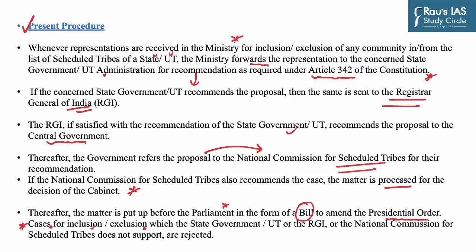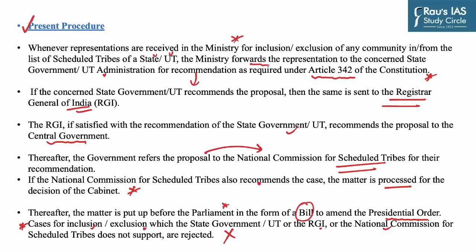Now, one very important point is that cases for inclusion or exclusion which the state government or UT, or the Registrar General of India, or the NCST does not support are rejected. So, every step is a prerequisite to get included or excluded in the list of scheduled tribes of a state or union territory.